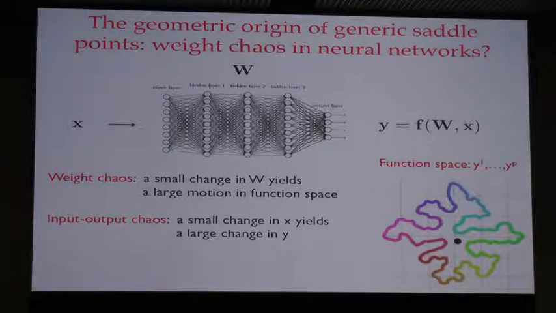A dual view of that is input-output chaos, which is that a small change in X can yield a large change in Y. These two phenomena are in some sense dual to each other, inseparable from each other, because of the structure of the way we compute in these neural networks. The weights are always dual to the inputs, and you're always taking a dot product between weights and inputs. So if there's chaos in weight space, then there's also input-output chaos.